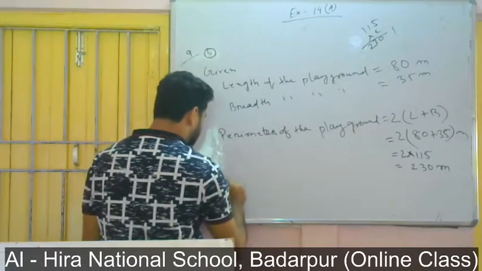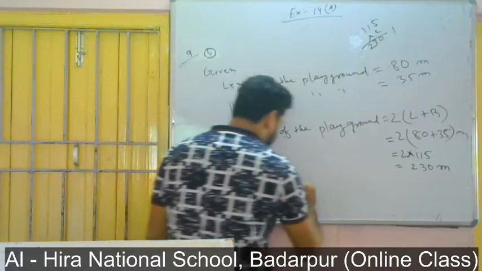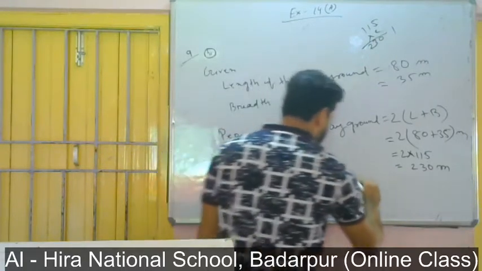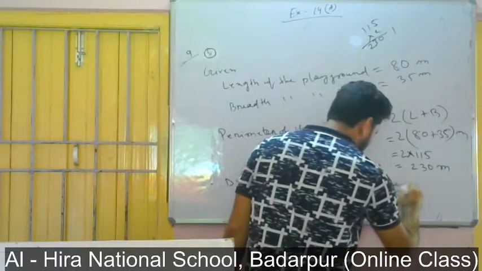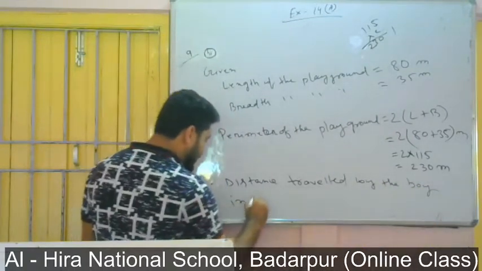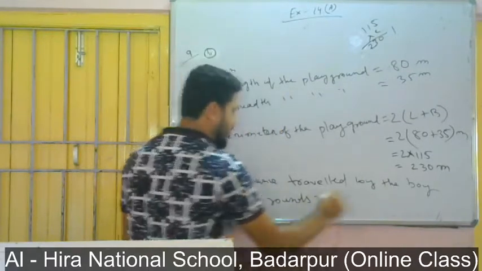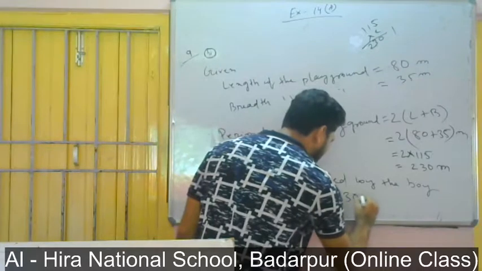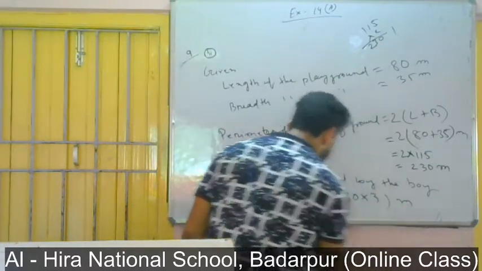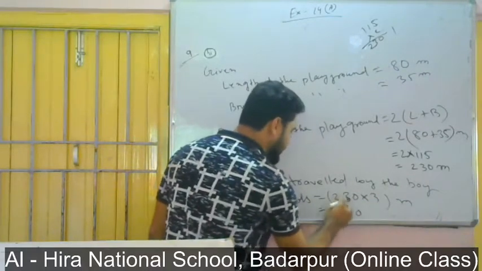Therefore the distance traveled by the boy in 3 rounds will be 230 into 3. 3 zeros are 0, 3 threes are 9, 3 twos are 6.